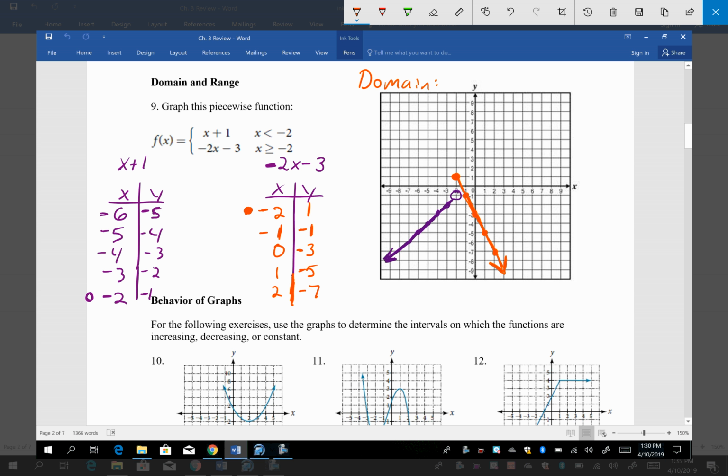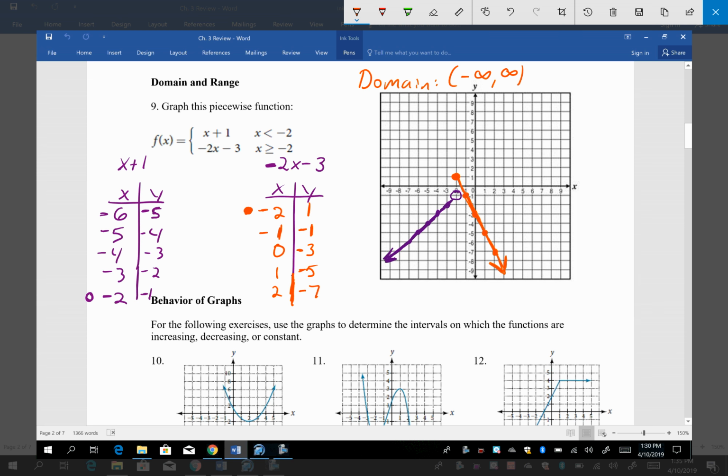Negative infinity to positive infinity. It's all real numbers. The arrows are going in both directions forever, right? We have no issues with any x values plugging in. So yes, it's all real numbers.